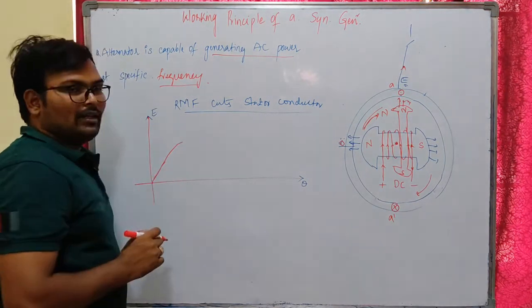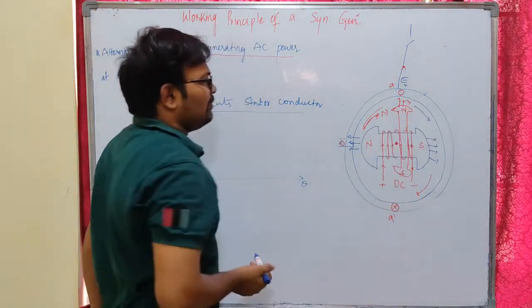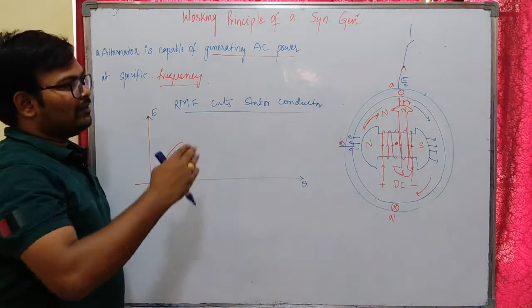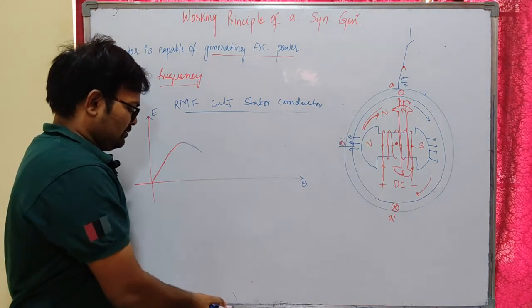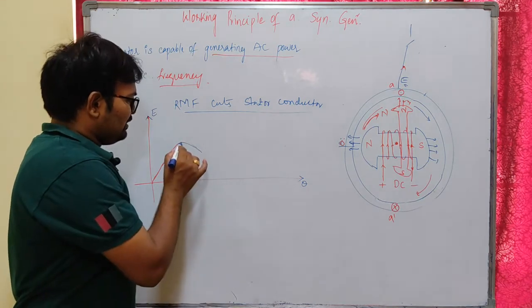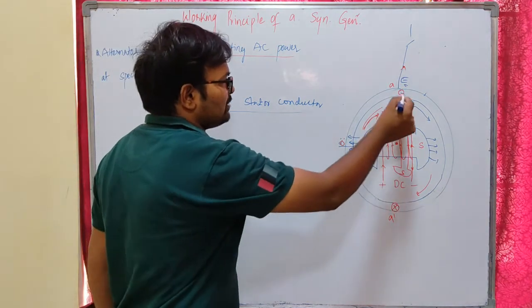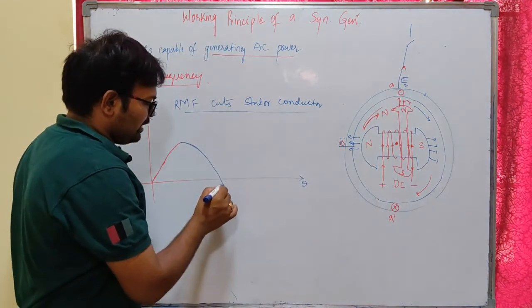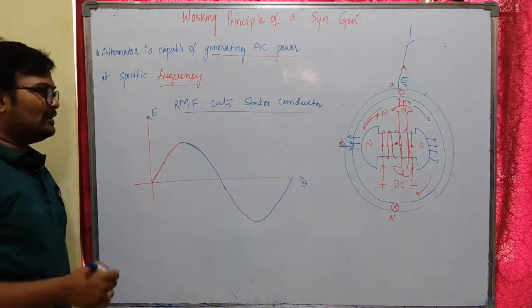Now our rotor will rotate further. The magnetic field will be going away from the conductor, and it will decrease slowly like this. Similarly, when our south pole reaches this coil A, that will become negative maximum, and the waveform will be like this. Okay, this is for A phase.